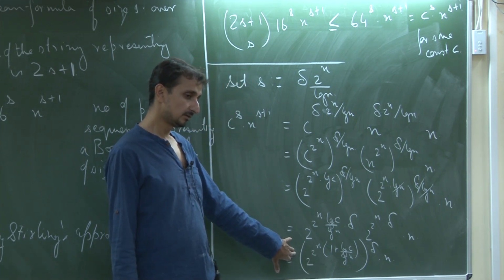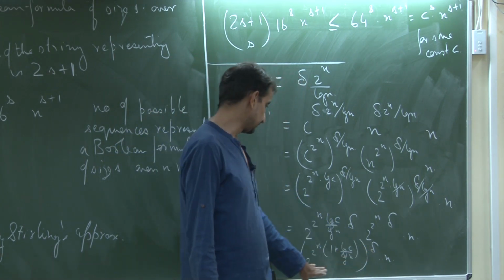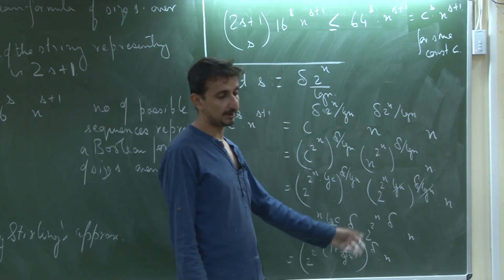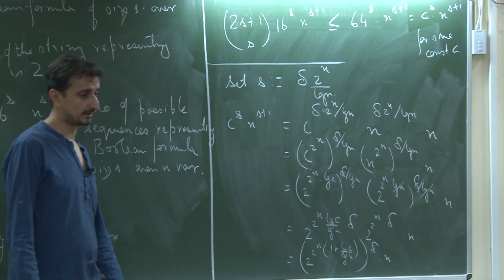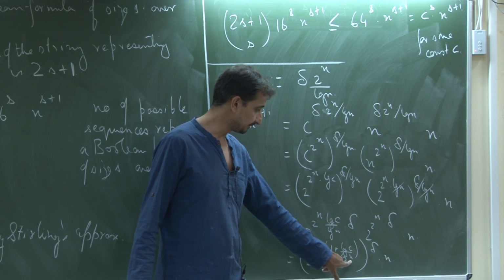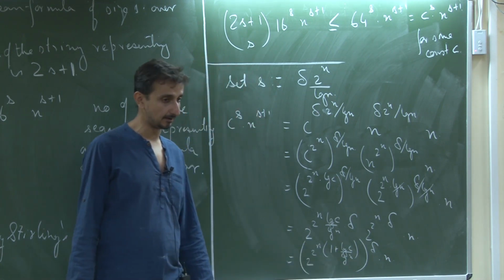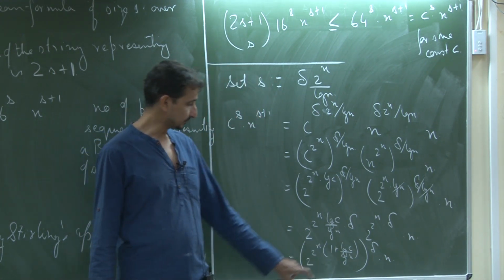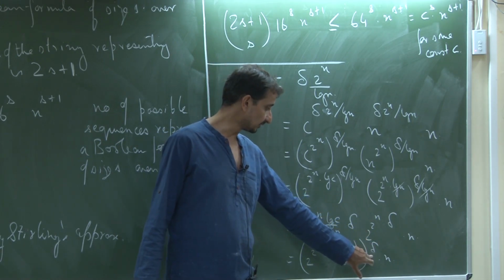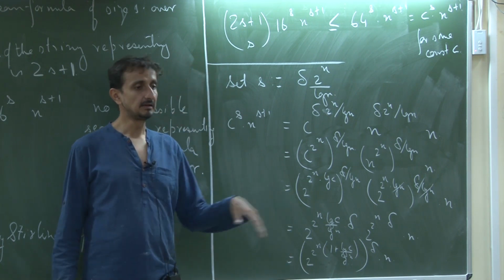If you take delta to be 1, then you have 2 to the power 2 to the power n times 1 plus log c by log n, which can be bigger than 2 to the power 2 to the power n, because this quantity is still greater than 0. So, only when I take delta to be a constant less than 1, this drops down.